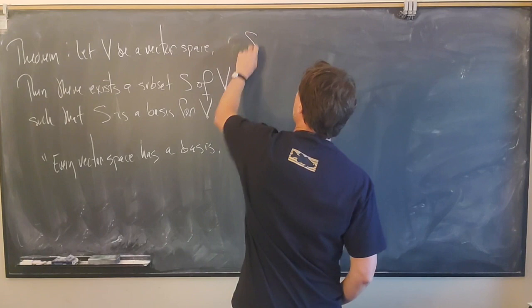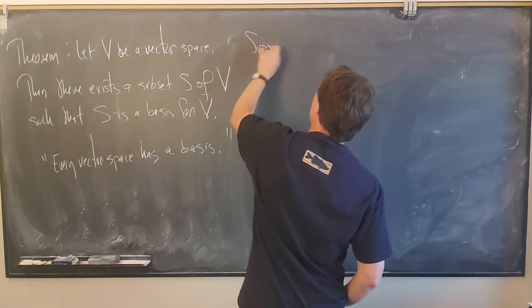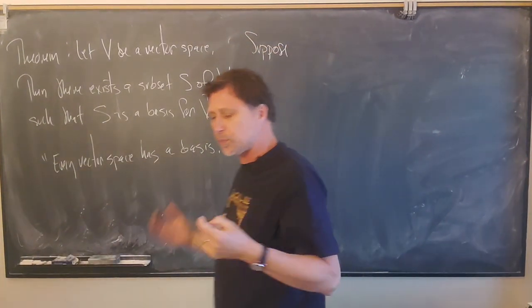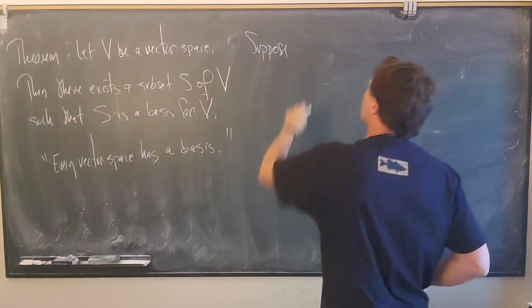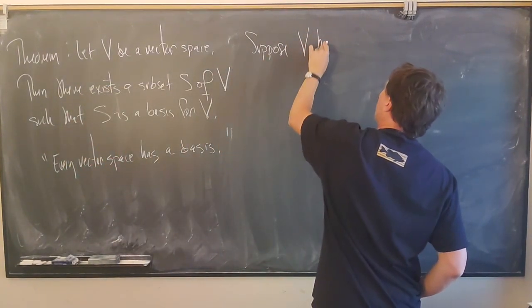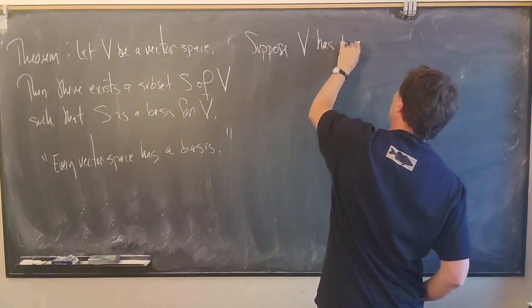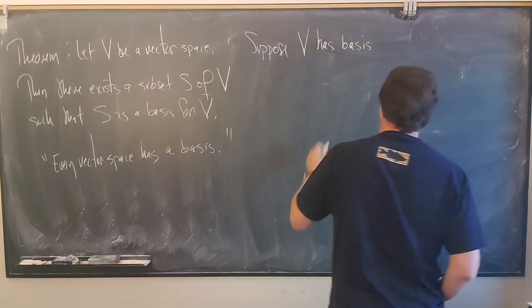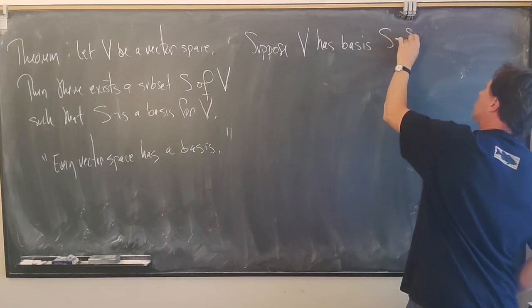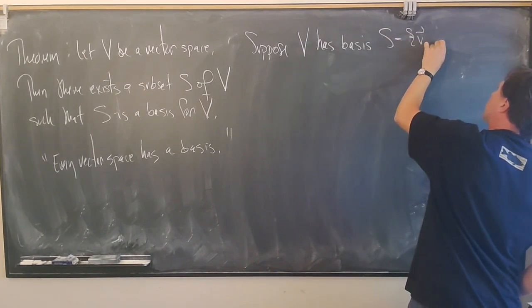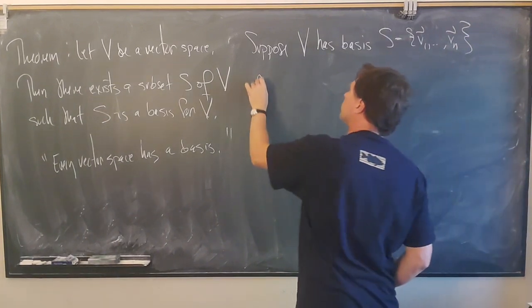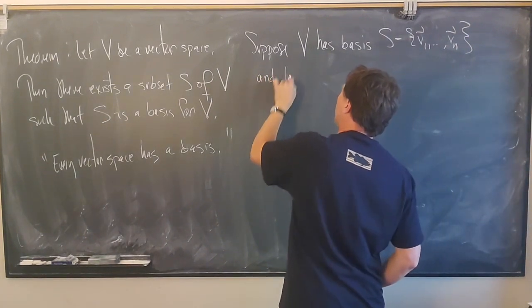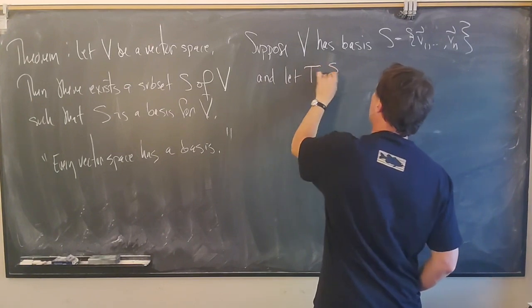We're going to really explore the nature of bases today. So suppose V has basis, call it capital S, equal to V1 up through V sub n, and let capital T be a collection of vectors.